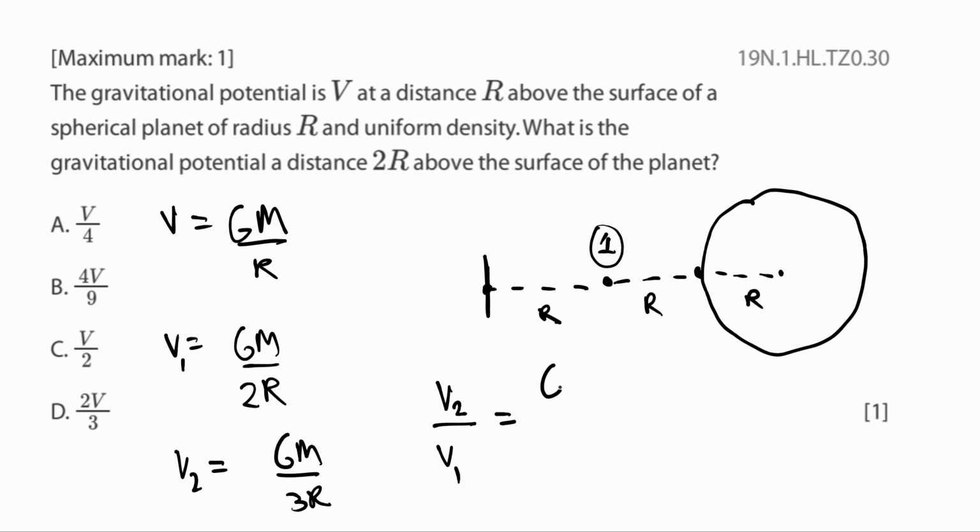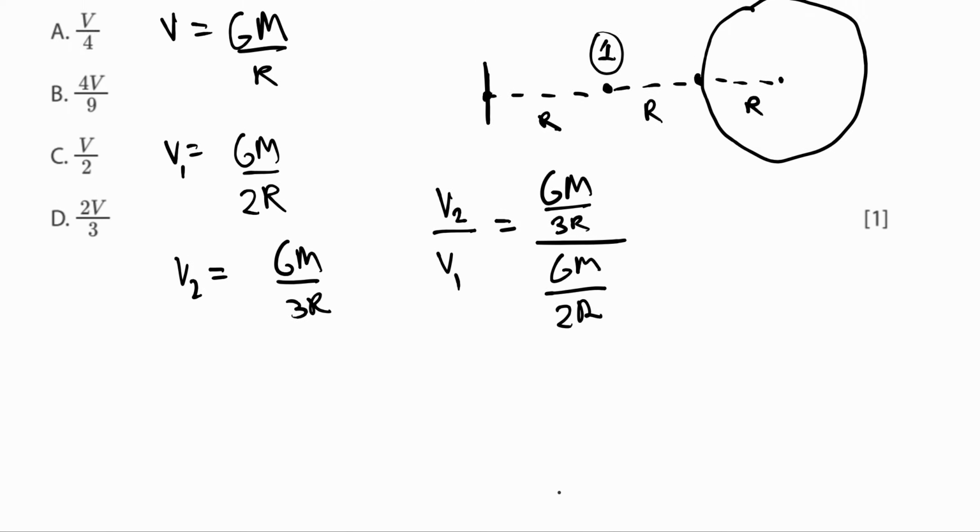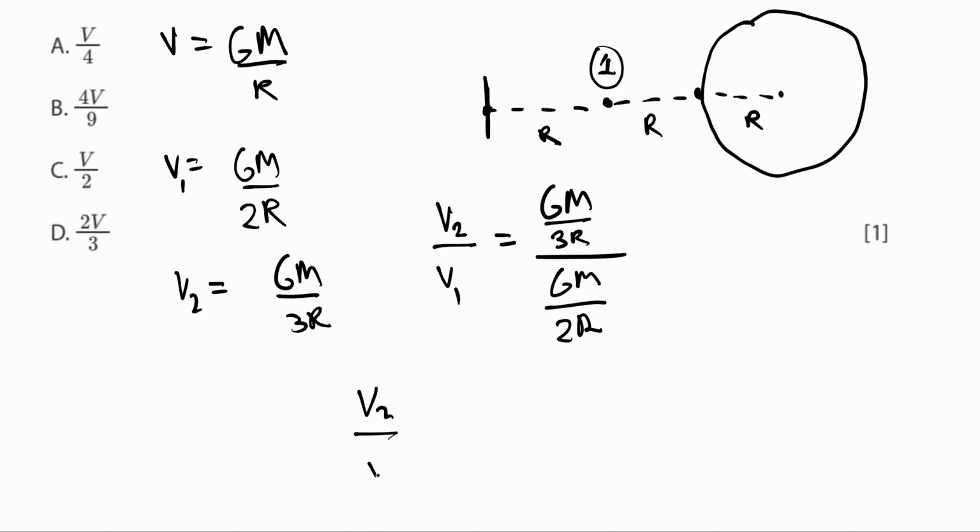So we have GM over 3r divided by GM over 2r. Now using basic fraction manipulation, we get V2 over V1 is equal to GM over 3r multiplied by 2r over GM, and all I did was take the reciprocal because it's division.